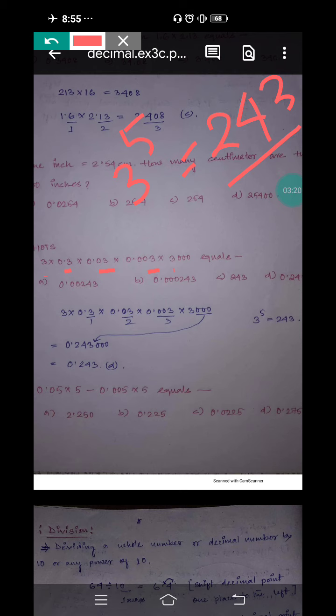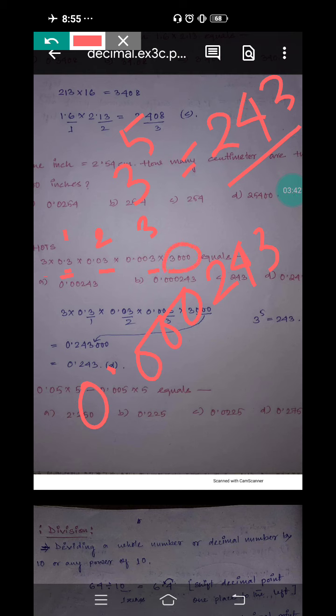Now check how many decimal places are here: 1, here 2, here 3. 3 plus 3 is 6. That means the answer will have 6 decimal places, so it will be 0.000243. But it's not complete. See here it is given 3000.